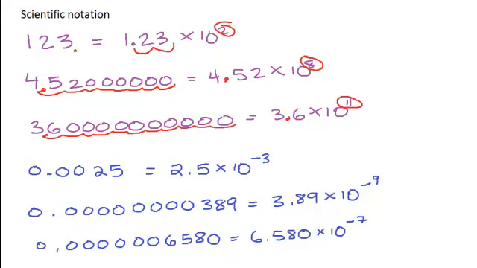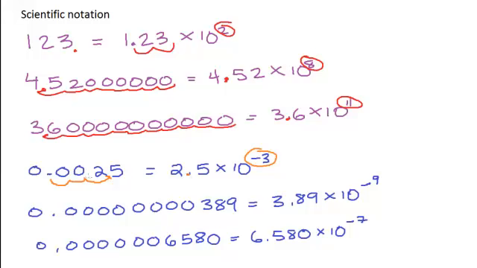Alright, let's take a look at these and look at their exponents. Again, the notation is exactly the same. I have a digit and a decimal, any other digits, times 10 raised to a power. In this case, the exponent is negative 3. The 3 again stands for the number of places the decimal place moves, 1, 2, 3, to get it right there after the 2.